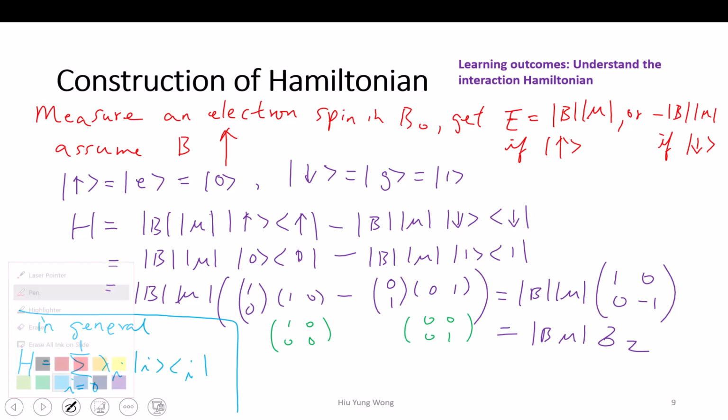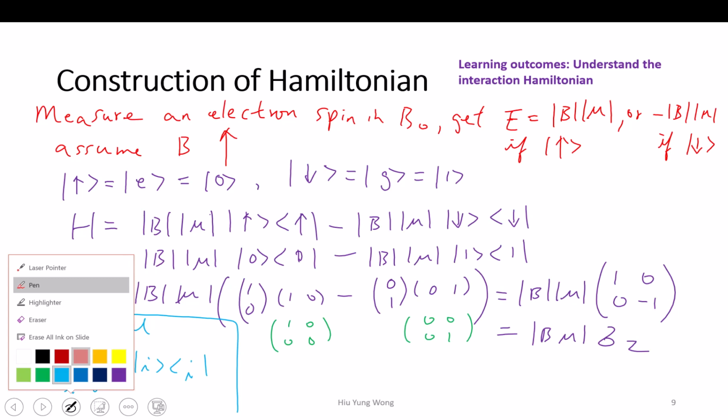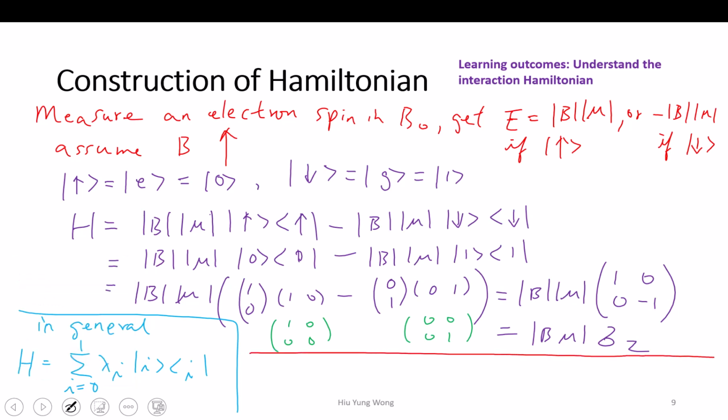Now, whether this is correct, of course, some of you can see it. If not, we can do a quick check. For example, what is the eigenvalue of this when this matrix is applied to the spin up? B mu, this is the whole matrix, right? Apply this operator matrix to spin up.